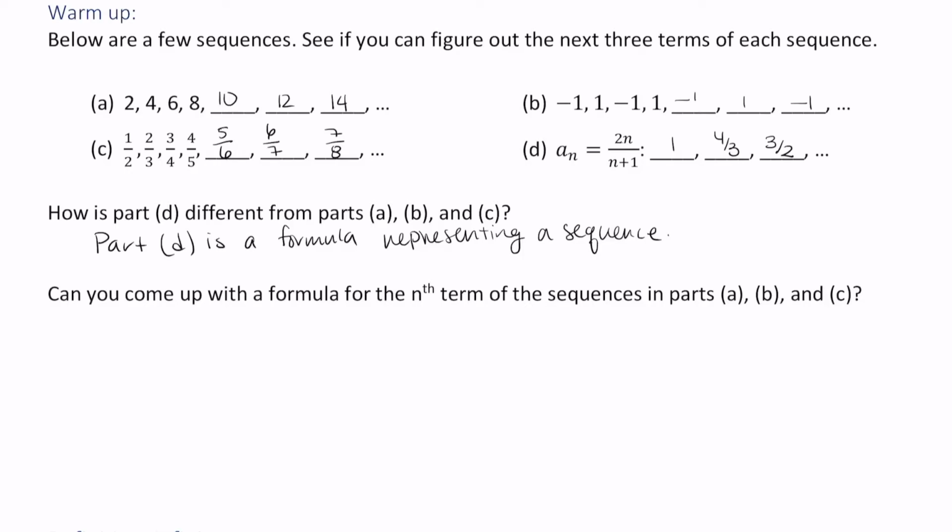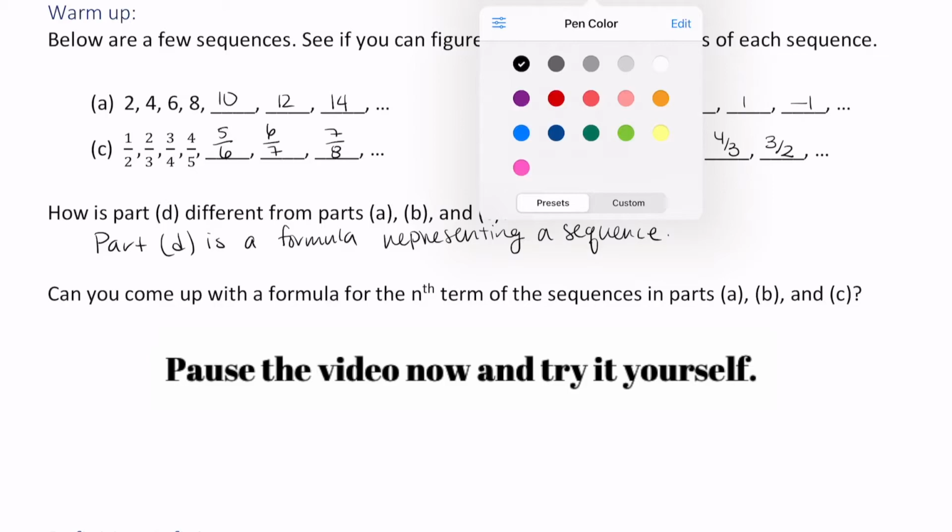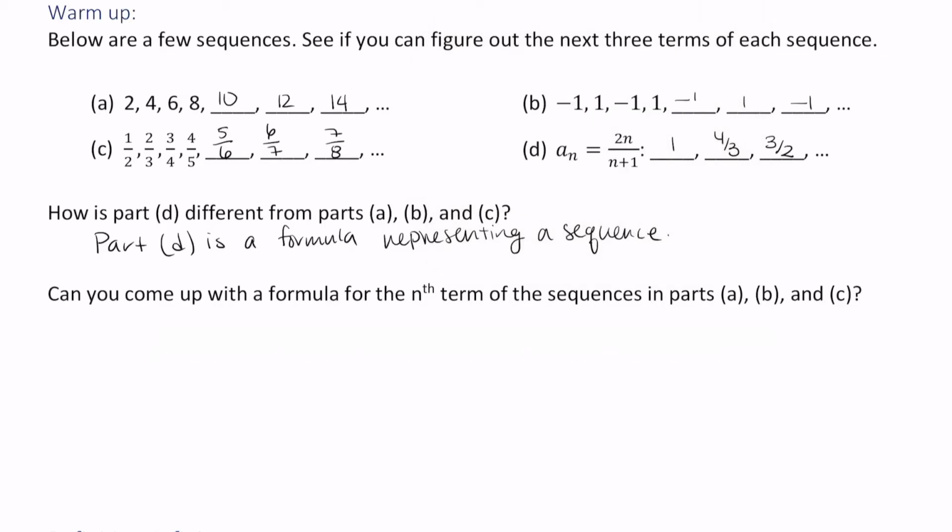Now, can you come up with a formula for the nth term of the sequences in parts A, B, and C? For part A, we're counting up even numbers, and an even number is any integer multiplied by 2.